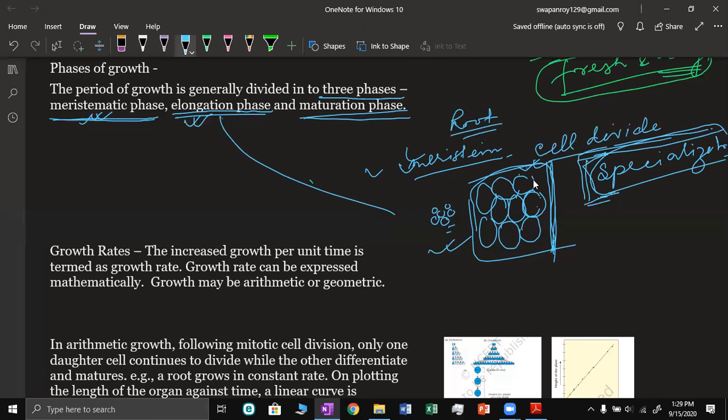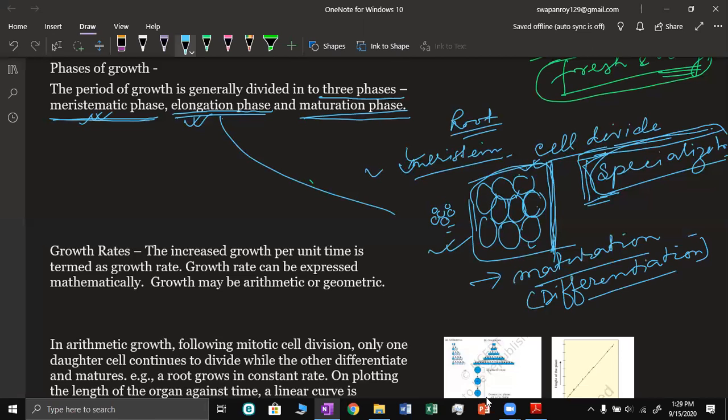So the enlarged cells undergo the process of maturation. This is also known as cell differentiation, where the cell modifies, changes. Say, some young cell will change into a sclerenchyma.